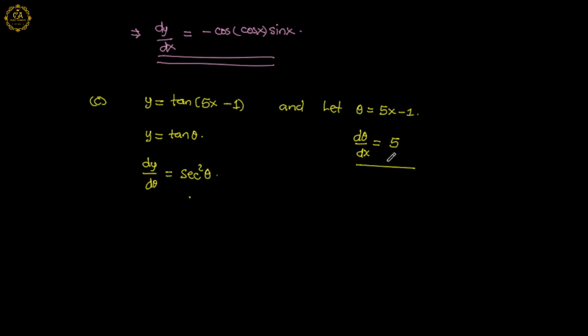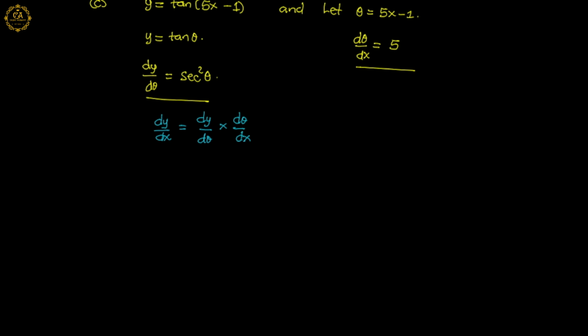Now we can combine the two expressions using chain rule. And chain rule also states that dy by dx equals to dy by d theta times d theta by dx.